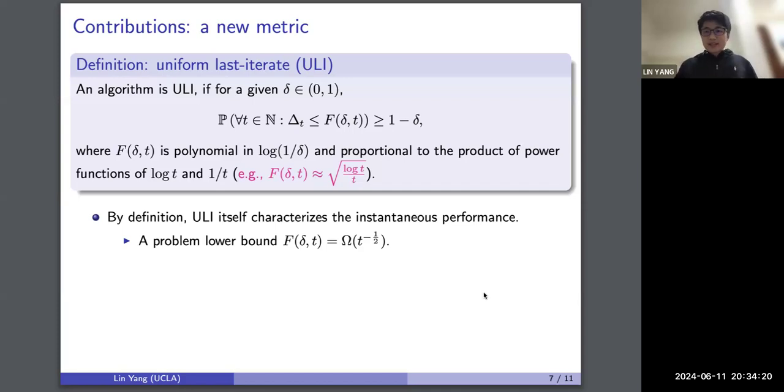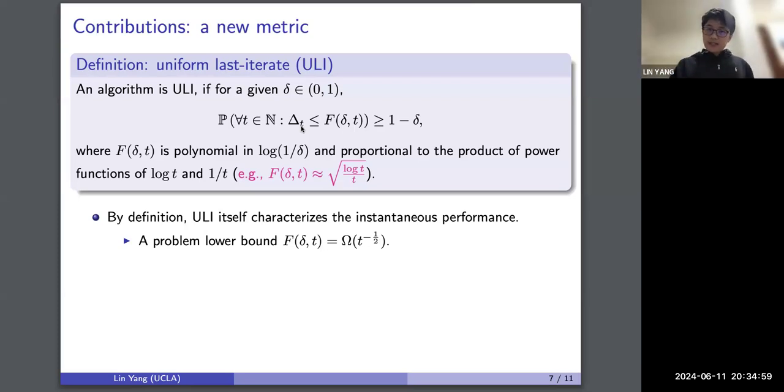So what does it mean? Here, it's still characterizing this online learning algorithm, where our algorithm is running for infinitely many rounds, from t equals 1 to infinity. But here we require that at any time t, small t, the suboptimality gap at that particular t, if you follow the action played by the algorithm at time t, is upper bounded by some function of t, uniformly for all possible t, as t goes to infinity, it doesn't matter.